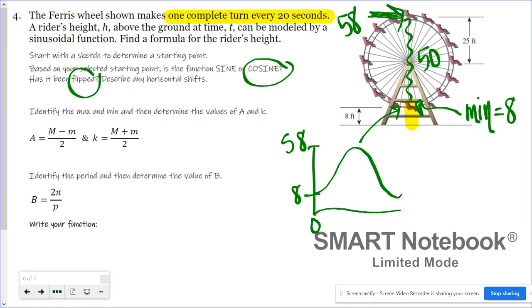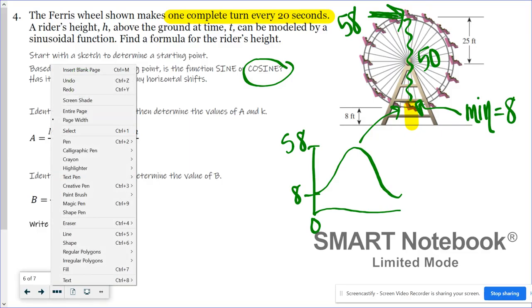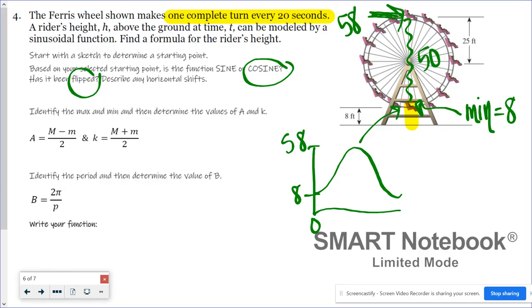When it comes to amplitude and midline, I can use my max and min formulas. The max is 58, the minimum is 8, which would mean the amplitude would be 50 divided by 2, which is 25. And then the midline would be 66 divided by 2, so 33.